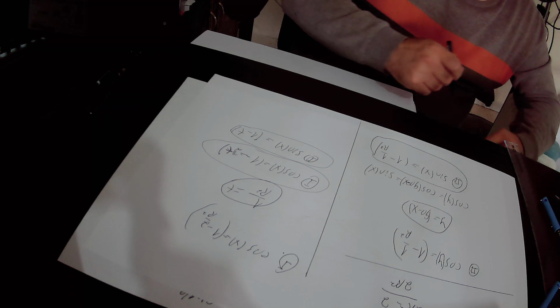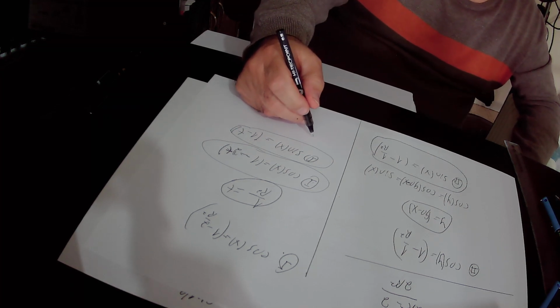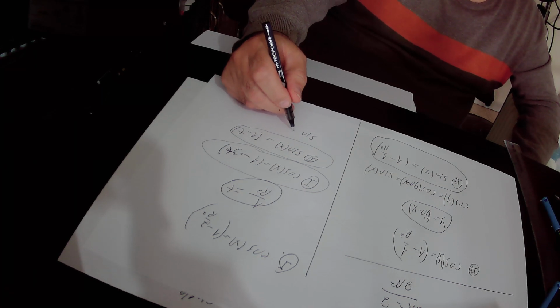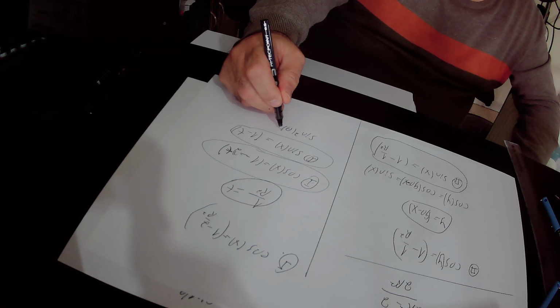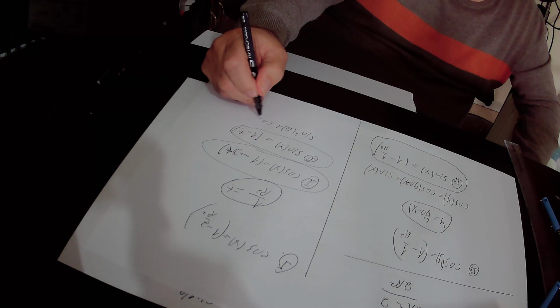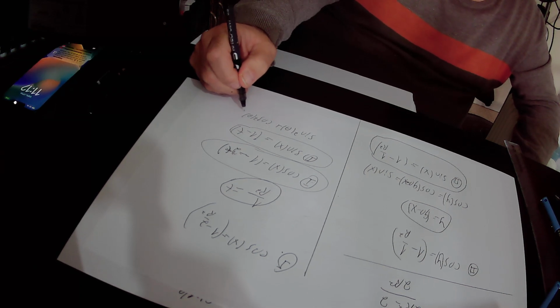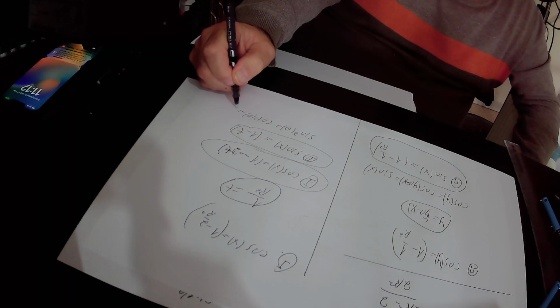In the next step, we'll use the trigonometric identity that states that sinus square theta plus cosine square theta equals 1.